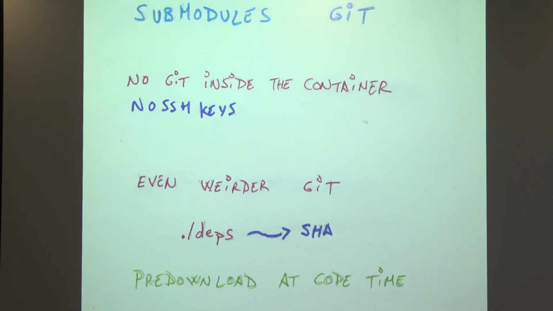One thing that I also added was the use of submodules. A problem you can have is that some dependencies come from a different repo. The traditional way of dealing with that is that in your VM you have Git connecting to an SSH server and downloading it. The problem is that inside the container we don't want to put Git or private SSH keys, all that kind of stuff.